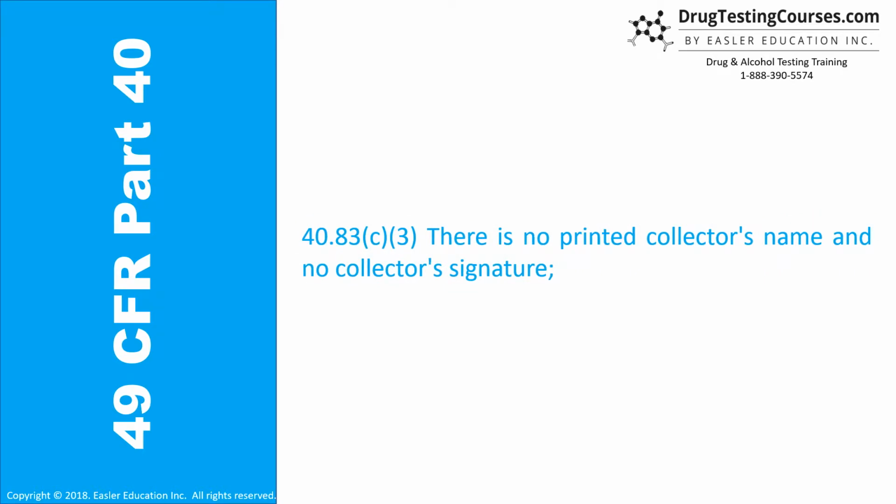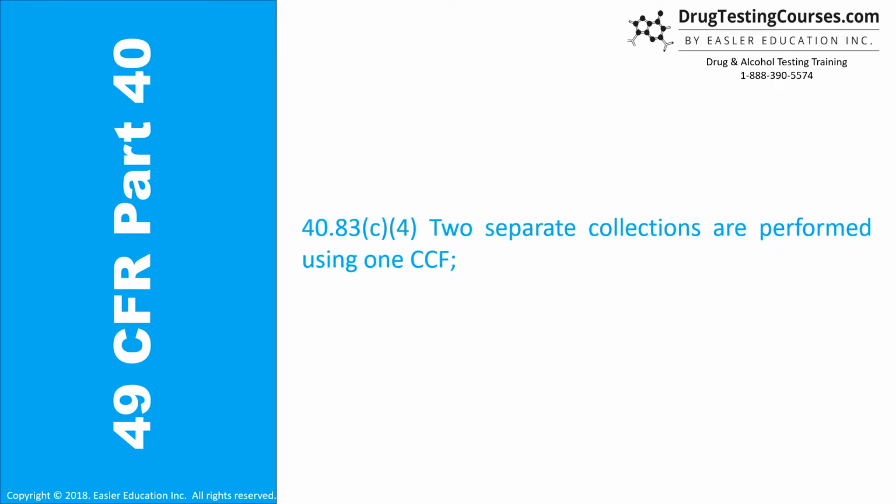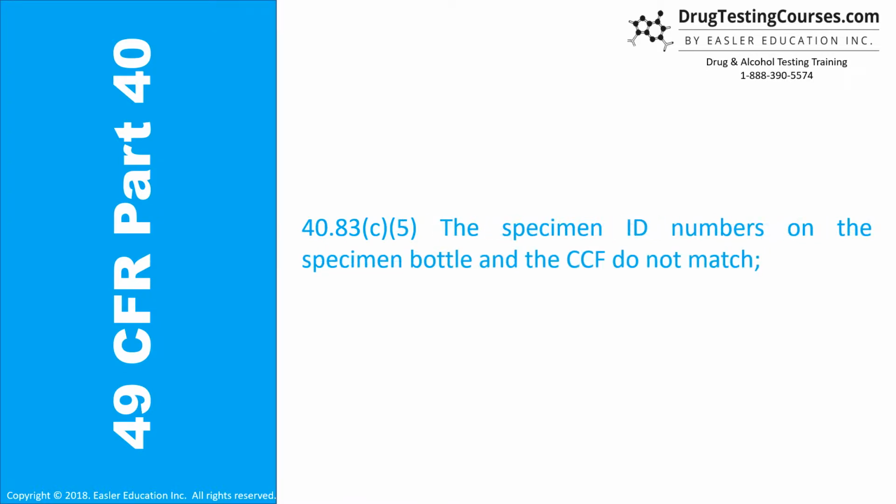There is no printed collector's name and no collector's signature. 40.83(c)(4). Two separate collections are performed using one CCF. 40.83(c)(5). The specimen ID numbers on the specimen bottle and the CCF do not match.